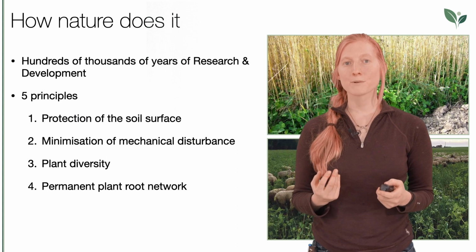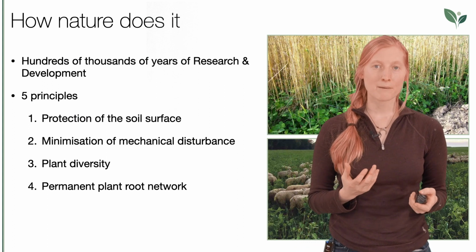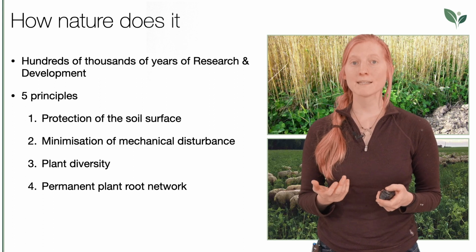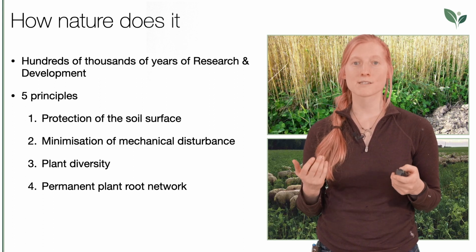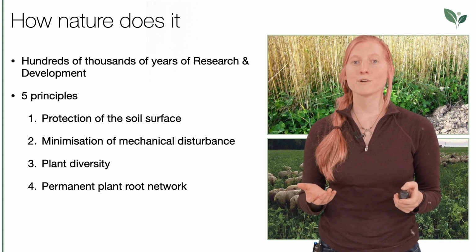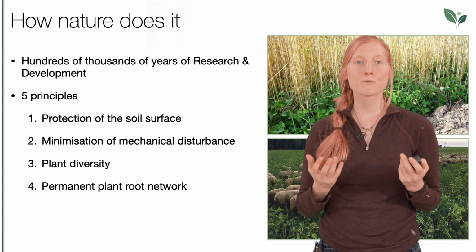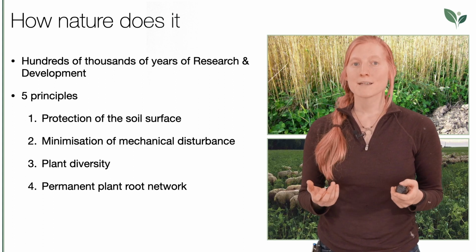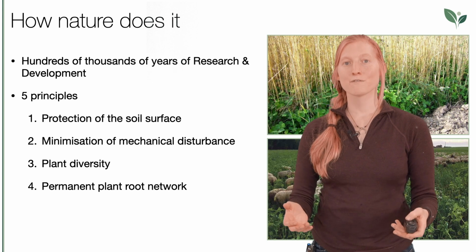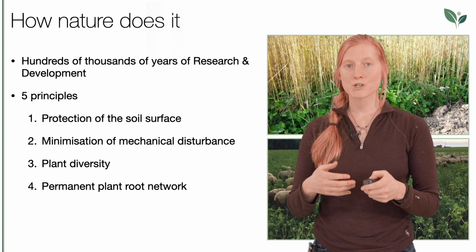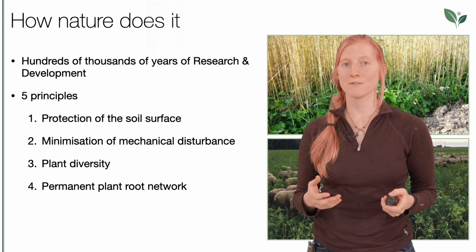The fourth principle is the establishment of a permanent plant root network, or keeping living roots as often and as long as possible in the soil. After all, with what we've learned about the intimate relationship of plants and soil life, we can recognize now the importance of a constant flow of carbohydrates in the soil in order to feed and nourish all the bacteria and fungi living there.